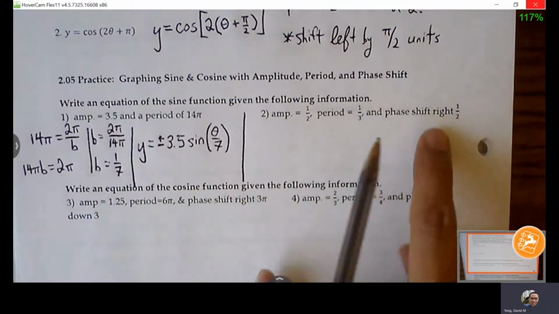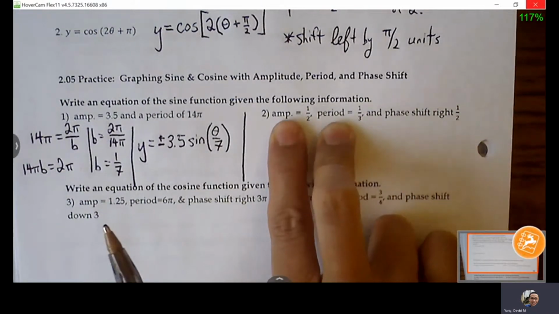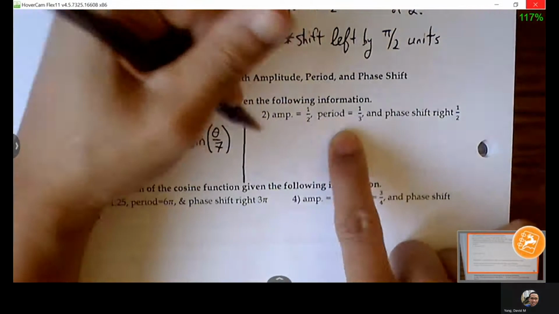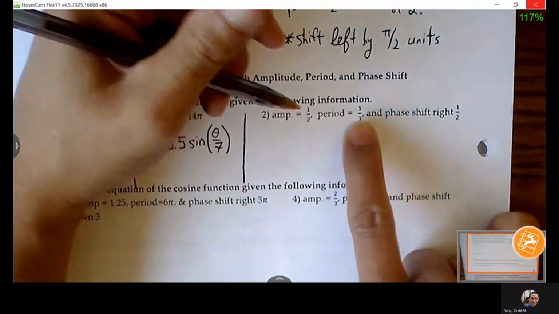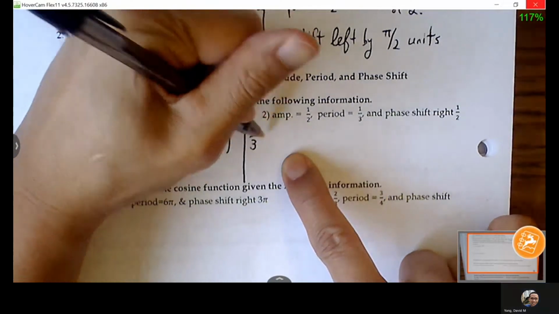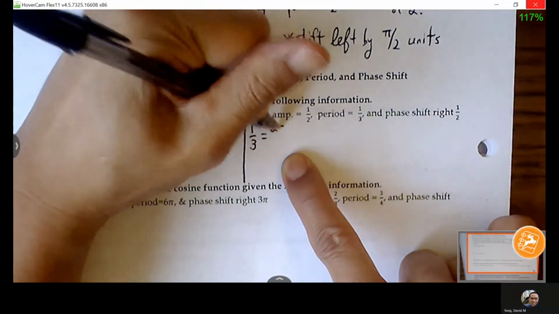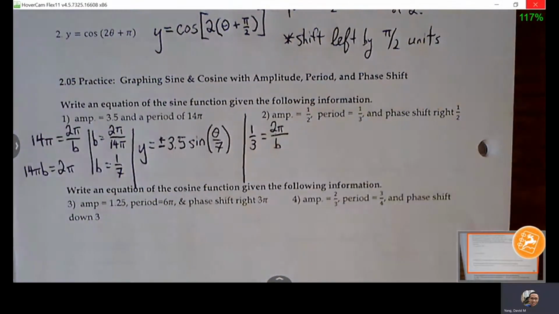Okay, so we're going to add that c value into our equation when we're done with a and b. Okay, amplitude is 1/2. That's our a value. Period is 1/3. We can use that to help us find our b value. Cross multiply.